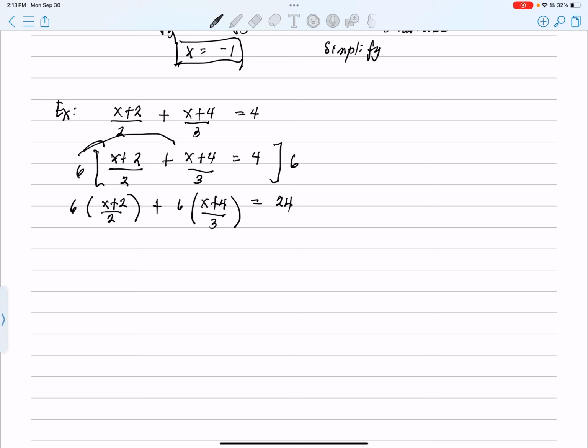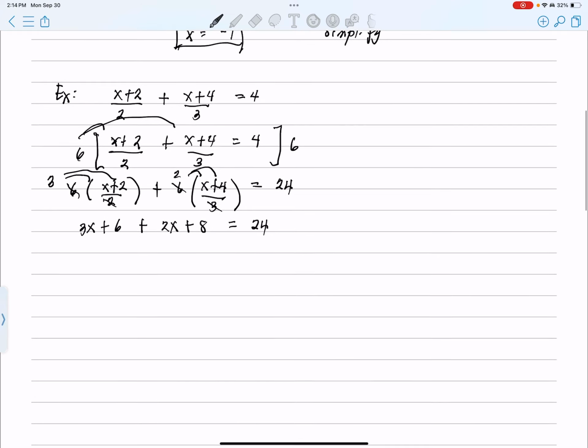Now, after doing that, 6 divided by 2 can be cancelled out as 3. So you multiply 3 times x, that would be 3x. Then 3 times 2, that would be 6. Plus, do the same thing with the second fraction. 6 by 3, that is 2. Then you multiply 2x plus 2 times 4, that is 8, equals 24.